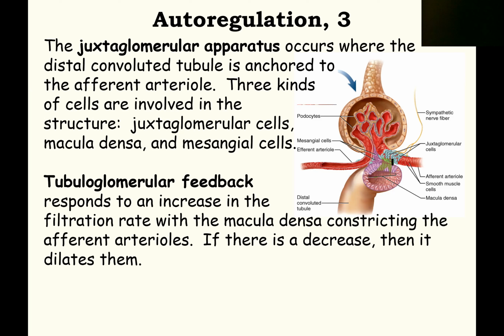So it can constrict the afferent arterioles, or it can dilate the afferent arterioles. Tubuloglomerular feedback. So glomerulus, the blood flow going into it, and because it's involving one of the renal tubules.